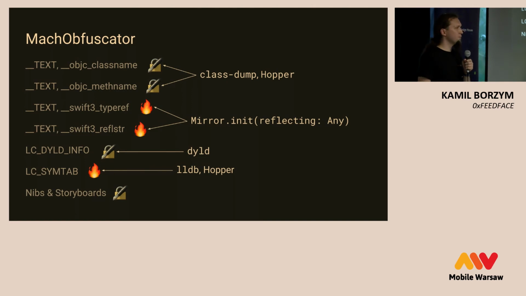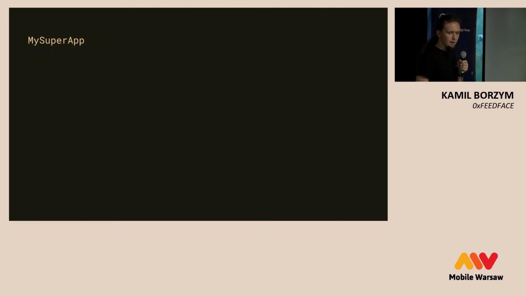And as you already see, Mach-Obfuscator doesn't need any source code. And the same is true for UI. So it doesn't operate on XIBs, it decompiles NIBs and obfuscates NIBs. Now, how does this obfuscation proceed? First, Mach-Obfuscator looks for any executables within the app bundle.